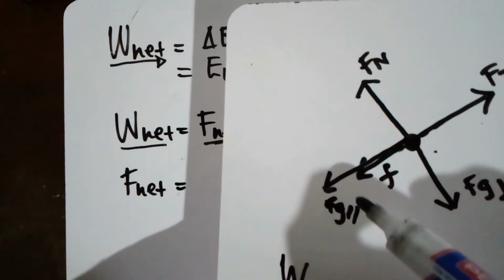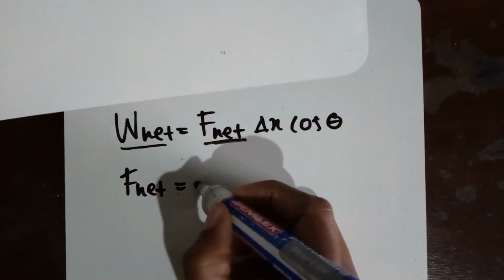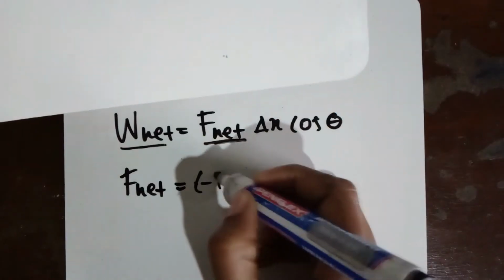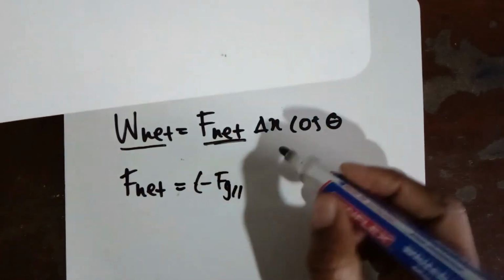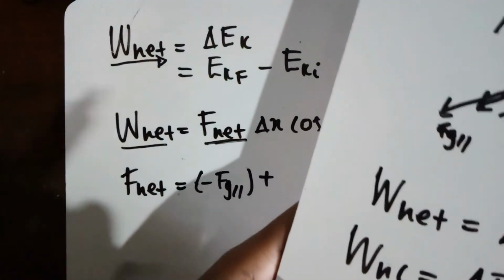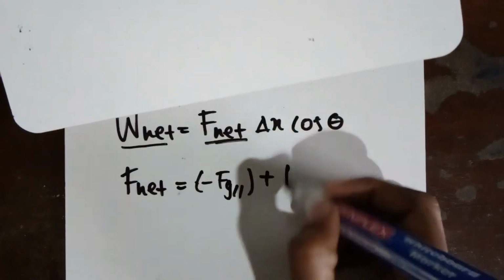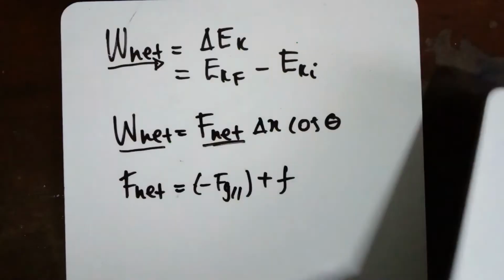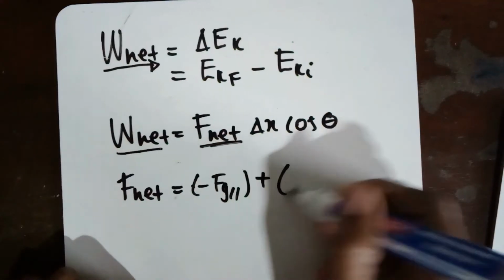We have FG, the component FG parallel, and we say down the slope is negative, so it's going to be negative FG parallel, plus, because remember the net force is just the sum of all the forces, we also have friction. It's down the slope, so it's actually negative: negative frictional force.